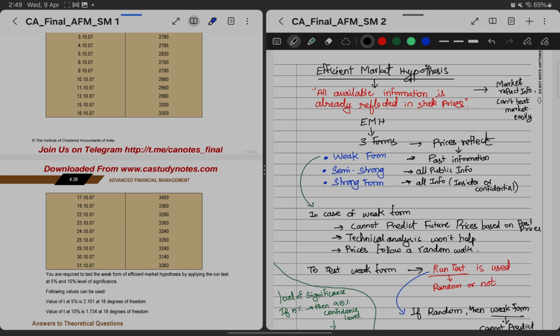So let's say for a basic example, a public limited company, XYZ Limited or whatever, releases its quarterly results, and in the quarterly results, when we analyze, it has doubled the profits, and the news is made available to the public.